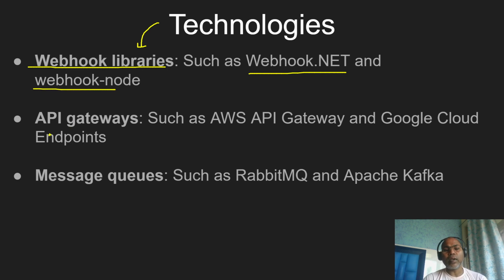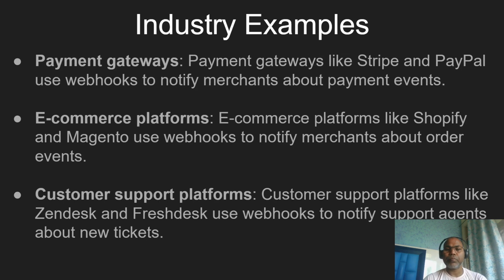Nowadays API gateways, like AWS API Gateway and Google Cloud Endpoints, support webhook communications as well. And for event triggering, managing or sending, you can maybe use RabbitMQ or Apache Kafka for the message queues.